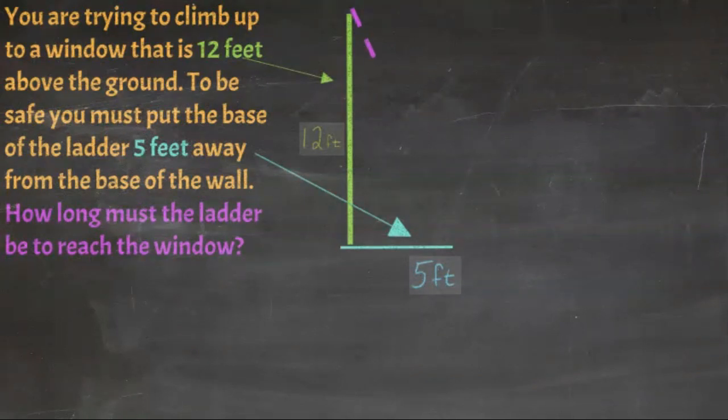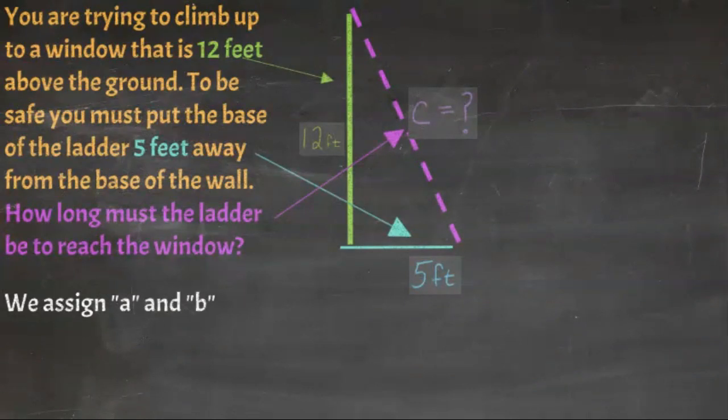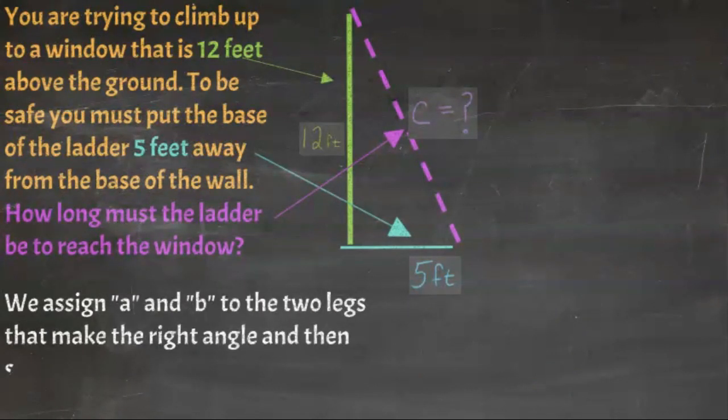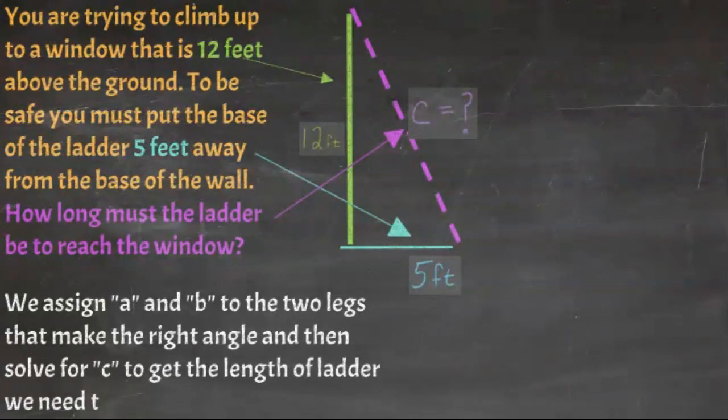Here comes the hypotenuse, or in this word problem, the ladder. So now that we have the hypotenuse labeled, we assign A and B to the two legs that make the right angle, and then solve for C to get the length of the ladder we need to get to that window.